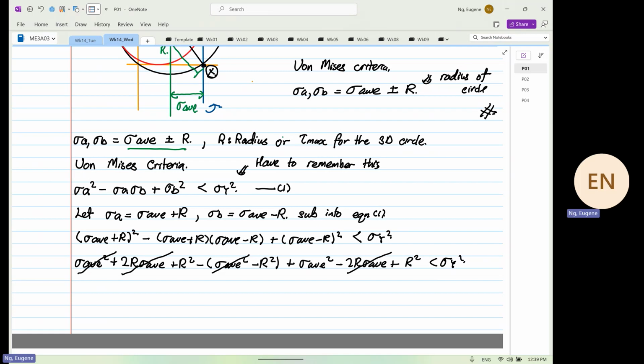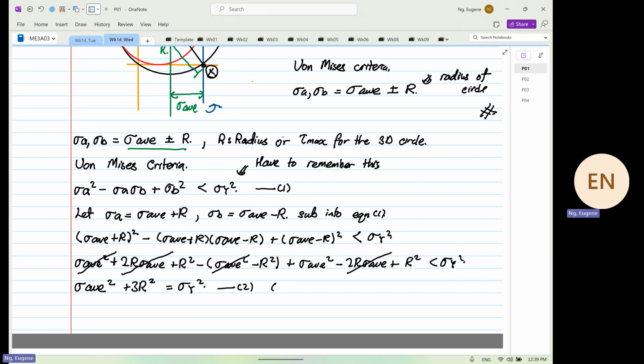I don't think so. So finally, we come up with an expression where we have stress average squared plus 3R squared. Okay. And then I'm going to change the term over here to be equal to the stress U squared. So when we do this, this is our equation number 2.